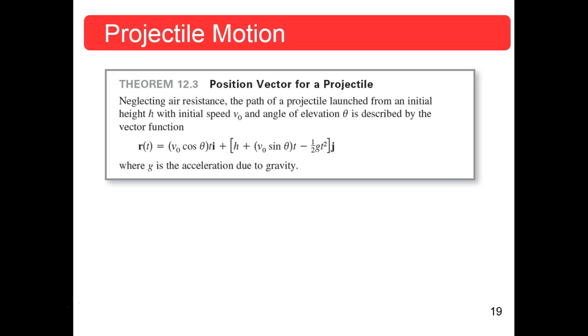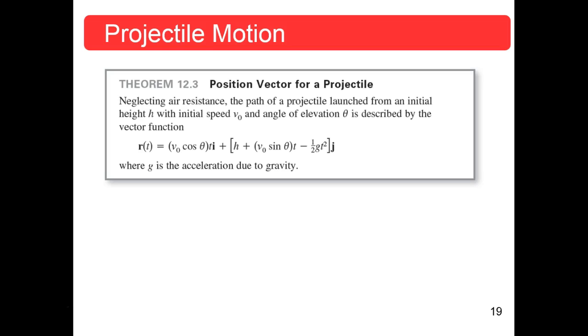So here's the position vector for a projectile. Neglecting air resistance, the path of a projectile launched from an initial height h with initial speed v0, nothing about velocity except speed, which is its magnitude, and the angle of elevation theta, is described by the vector function that we just came up with.